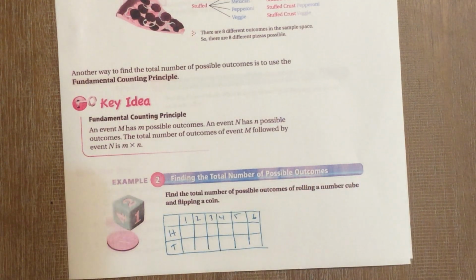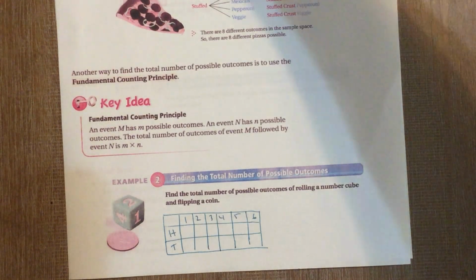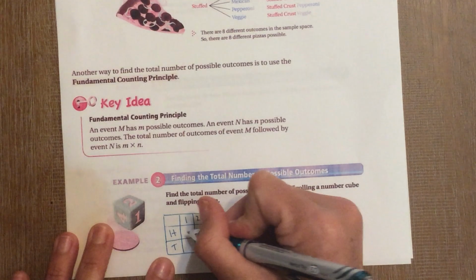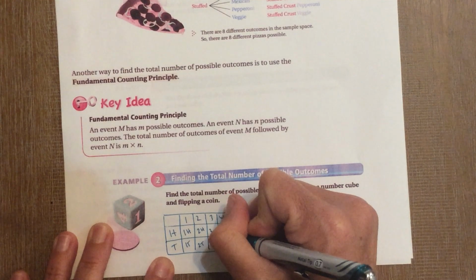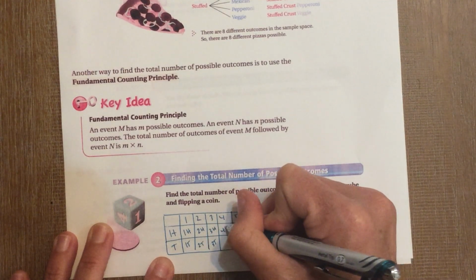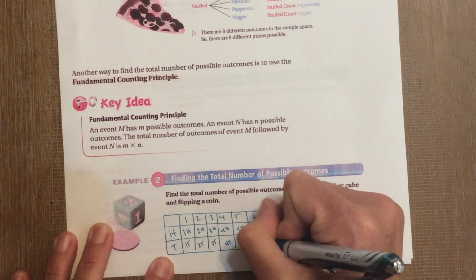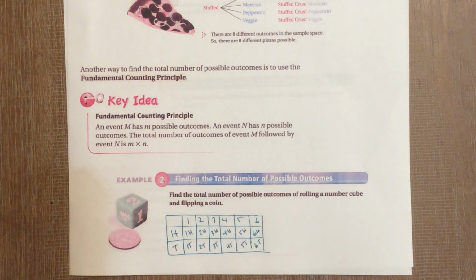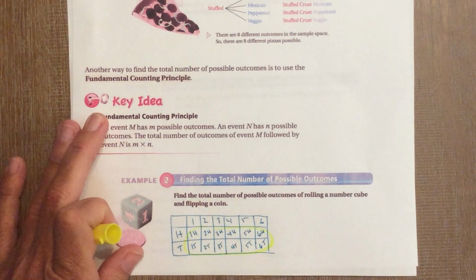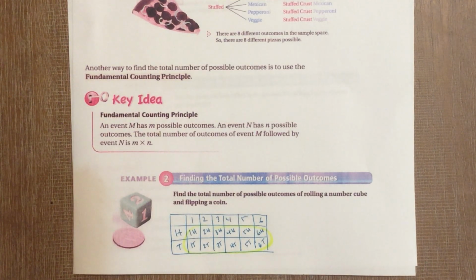Okay, so if we were putting this all together, right, you could see that you could roll a 1 with heads, a 1 with tails, a 2 with heads, a 2 with tails, a 3 with heads, 3 with tails, 4 heads, 4 tails, 5 heads, 5 tails, 6 heads, 6 tails. So you can see that there are 12 possible outcomes right here, okay? So the sample space is 12, all right? Now, what are all the possible outcomes? There they all are, okay?